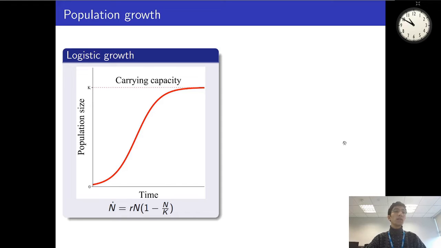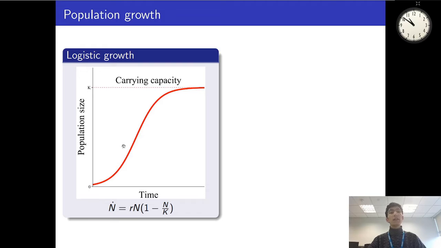calculus courses. So you have a population which I denote its size by capital N, and n dot means derivative of n with respect to time. So what happens is that at the beginning your population starts growing, but they cannot grow to infinity because there is a limitation of the resource or food, or there is a limitation of the volume and size of the environment.